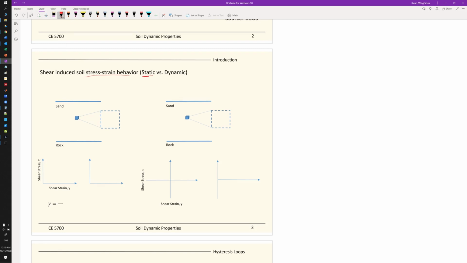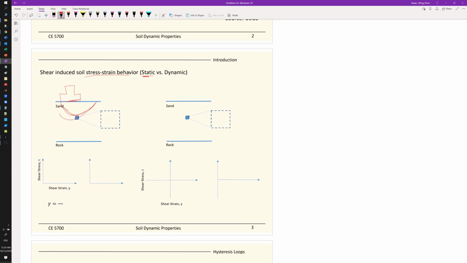For example, remember when we did our foundation design, you have some sort of loading, could be a structural load passed through the foundation, adding bearing pressure to the soils. You can imagine you create a slip surface when we try to mobilize the ground.